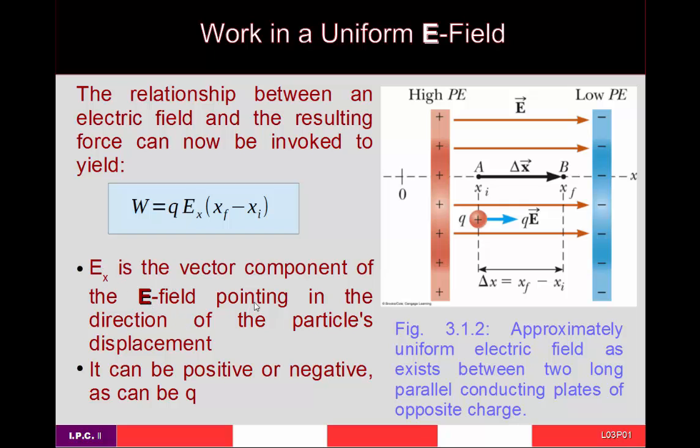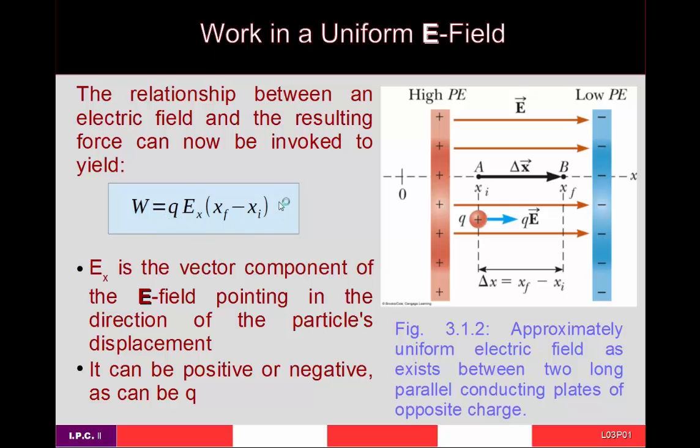Now, the E field can be pointing in some arbitrary direction, or that's equivalent to saying that x could be oriented in some arbitrary direction. What matters is the component of the field which is parallel to the displacement. And this can be positive or negative, because Q can be positive, Q can be negative. I can go with the field, I can go against the field. So those are the sign conventions that you have to keep track of.